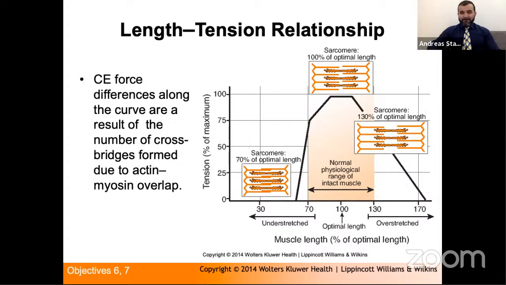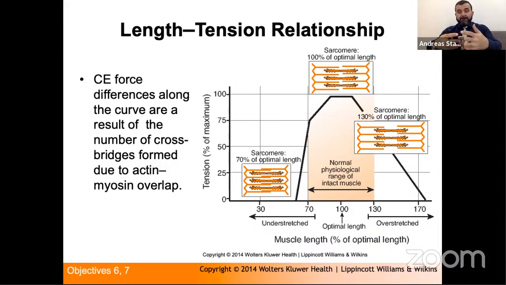Same things, very nicely depicted here. You see that the optimal length is when we can have, you see that's the sarcomere, right? And we can have the most bridging during that optimal length range.